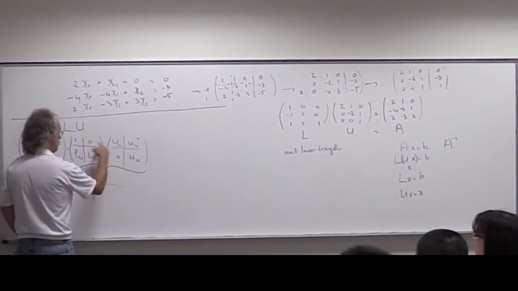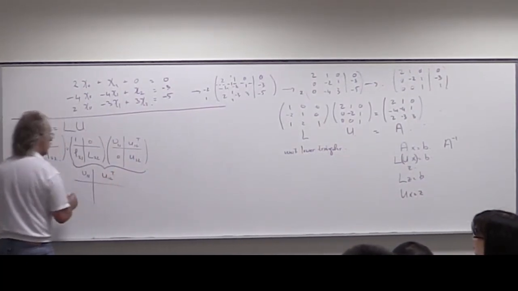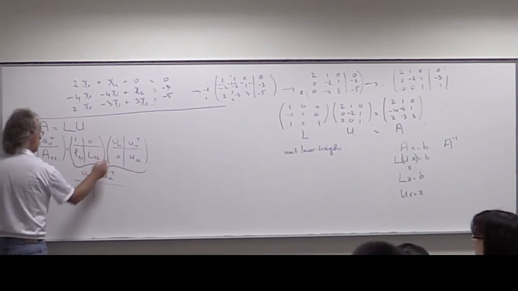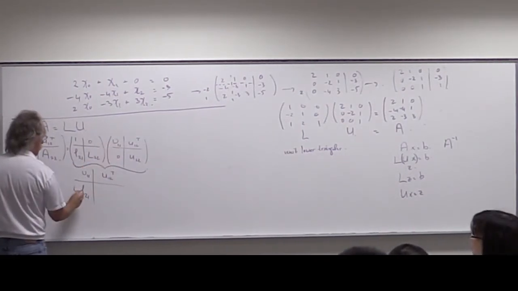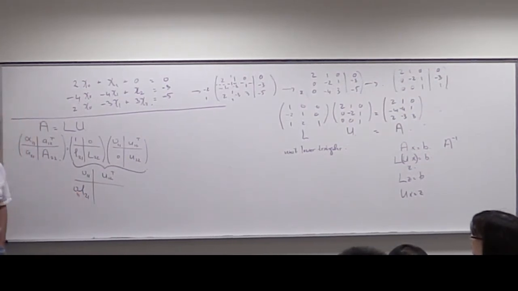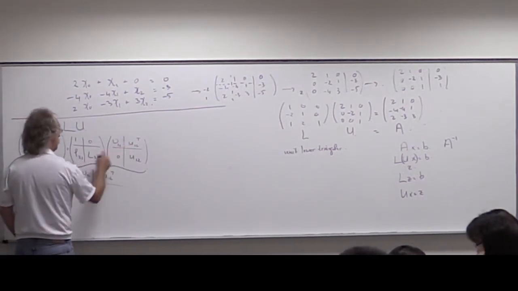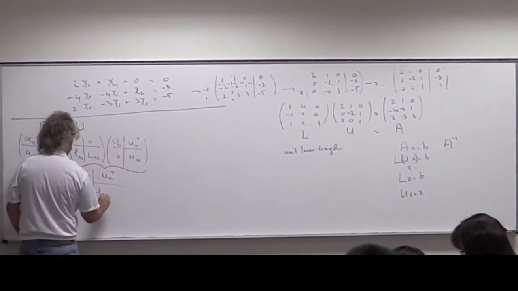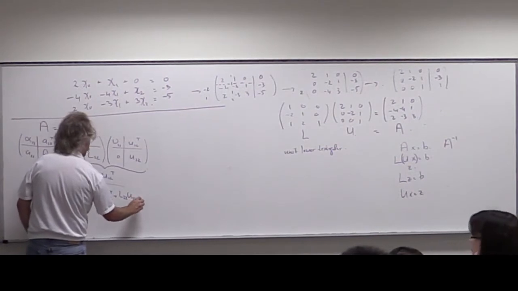This times that plus this times that gives us U12 transpose. This times that plus this times that gives us L21 times epsilon 1,1, but that's a scalar, so we can bring it up front. Scalar times a vector is the same as a vector times a scalar. And then we get L21 times U12 transpose plus L22 times U22.